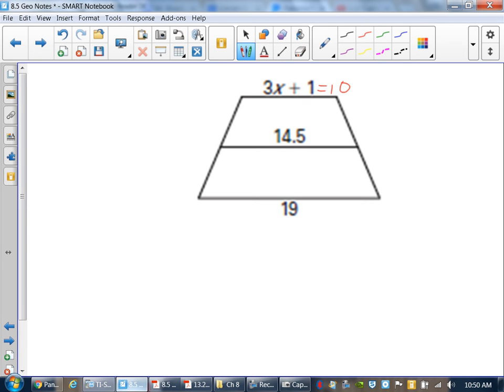Slow down. To get from here to here, you went minus 4.5. To go from here to here, you have to again go minus 4.5. 14 and a half, subtract 4 and a half, you're at 10. So that segment would be equal to 10. And then you just solve through, you get x equals 3.